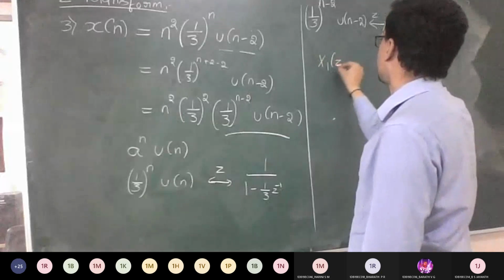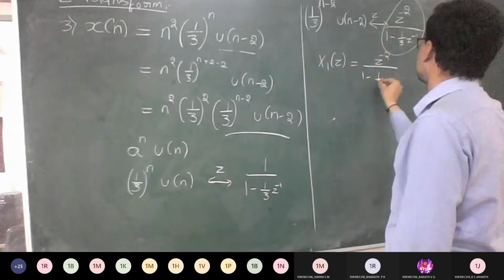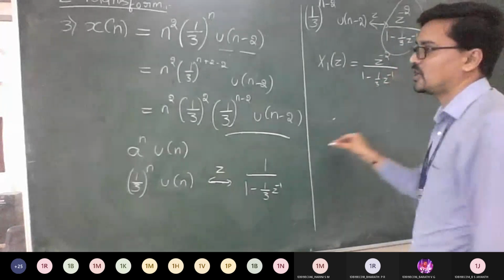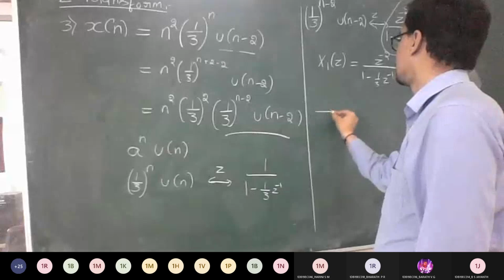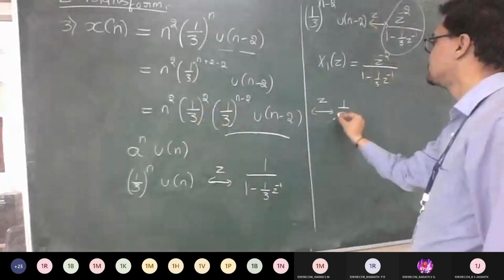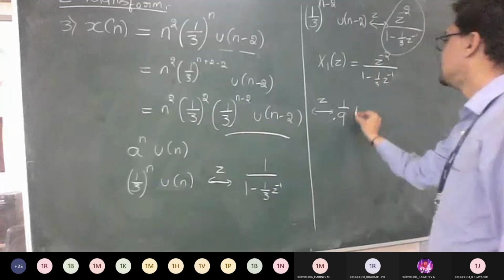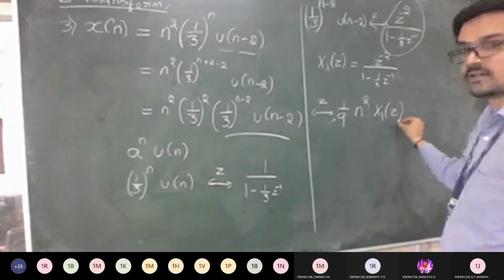So if you take this as x1 of z is equal to z raised to minus 2 divided by 1 minus 1 by 3 z inverse. So now what is the factor we have is this. So directly let me write. Anyhow 1 by 3 whole square I get as 1 by 9 into n square into x1 of z.